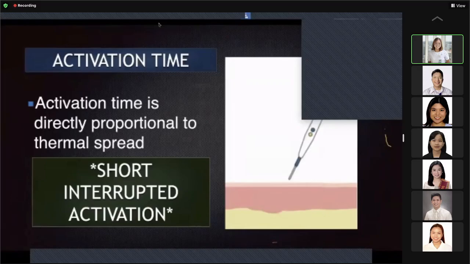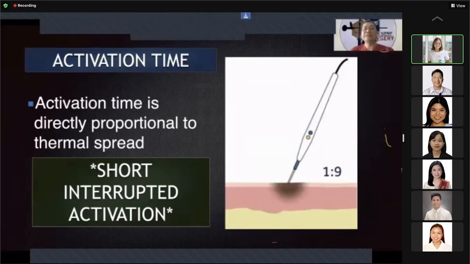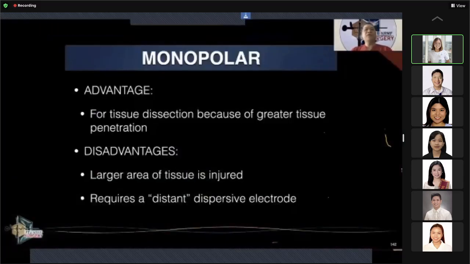It can go up to 100 to 120 degrees, and it causes a lot of injuries. The advantage of monopolar is that you can dissect the tissues and have greater penetration. The disadvantage is that you have a larger area of tissue injury and it requires a dispersive electrode.